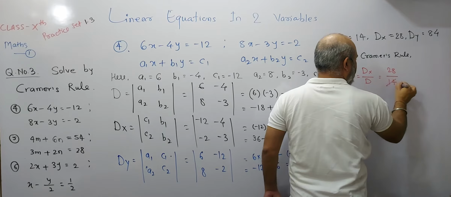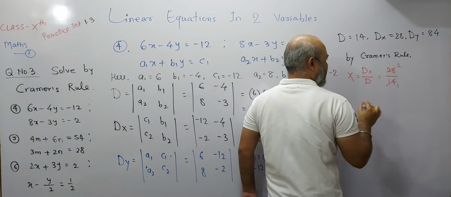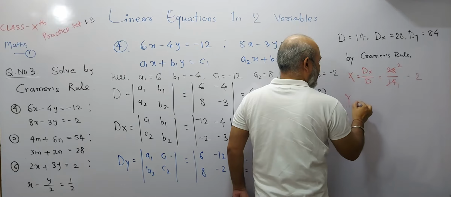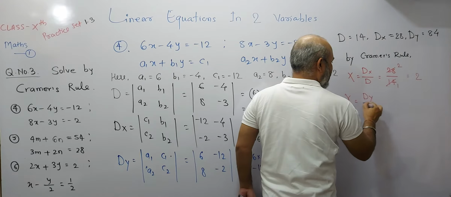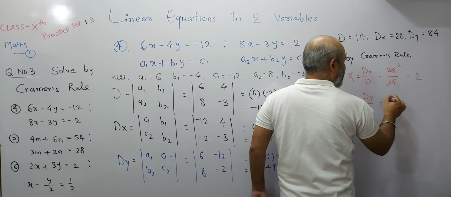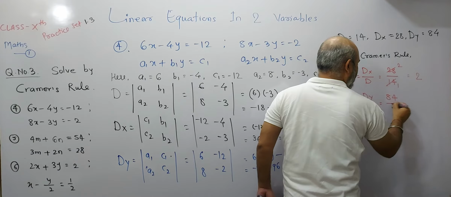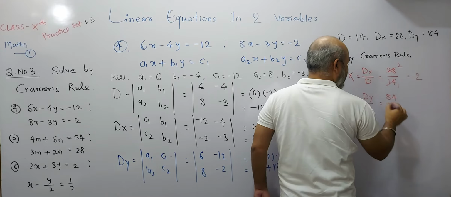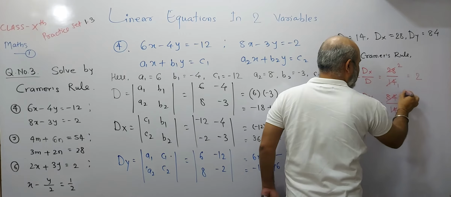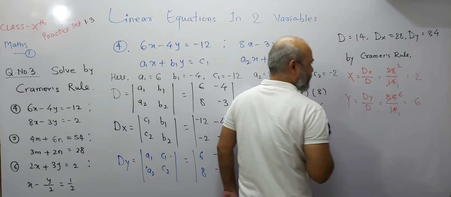So you will get 14 ones are 14, 14 twos are 28. So you get x is equal to 2. And similarly, y, that is Dy upon D. So Dy is 84 and 84 divided by D. D is 14. So 14 ones are 14 and 14 sixes are 84. So y is equal to 6.